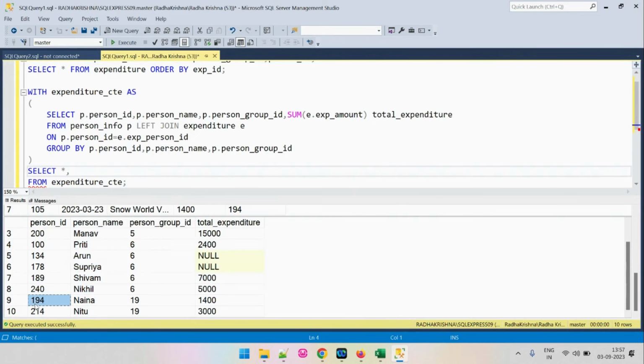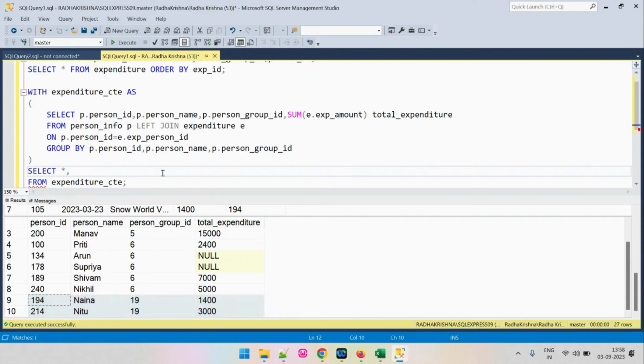Similarly, taking another example, group ID 19: if we want to find out the total expenditure done in the group, we just sum the expenditure done by each individual, that is 1400 plus 3000. That will give us the total expenditure that was done in the group.